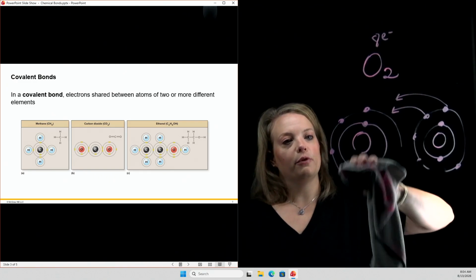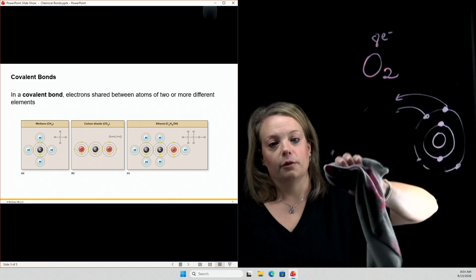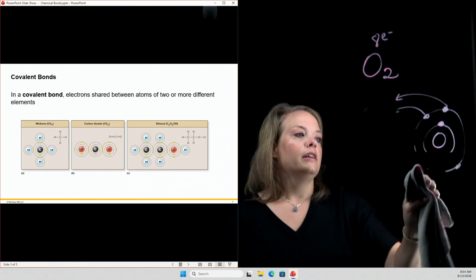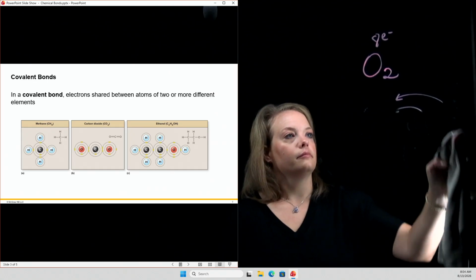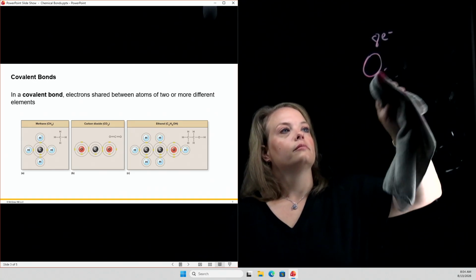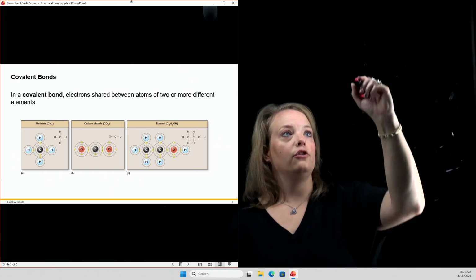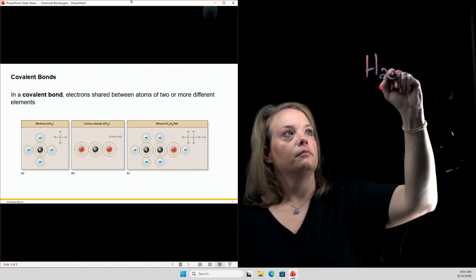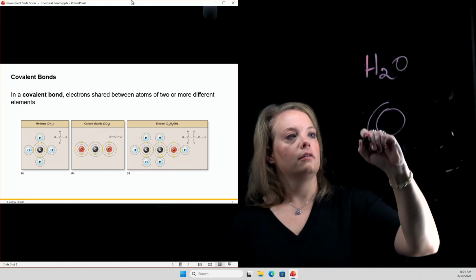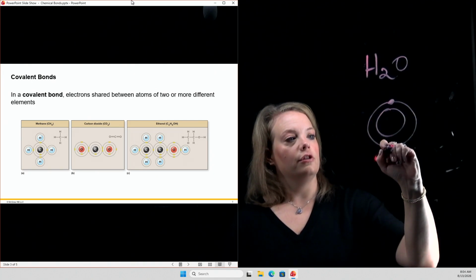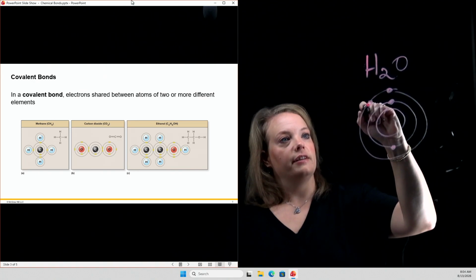Another great example of a covalent bond is water. So water is H2O. So again, oxygen is going to have 8 electrons, so it's going to have 6 in its outer shell.